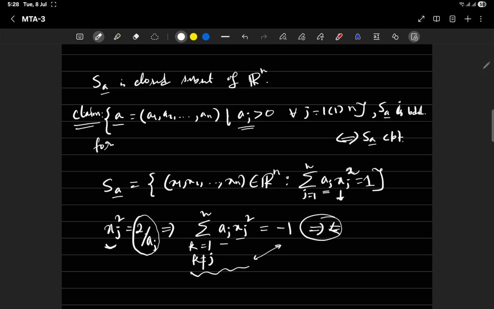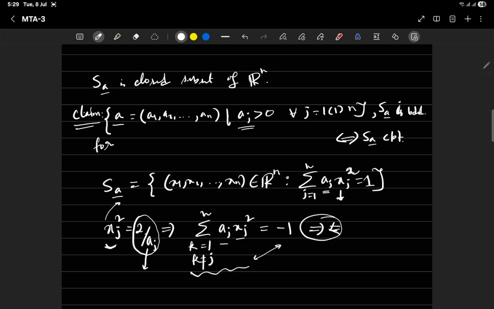So for a fixed a bar, you have a bounded term. Obviously if you make each aj smaller, then this can be bigger, but for fixed a, the xj's are obviously bounded.